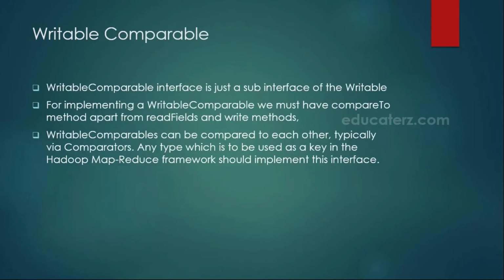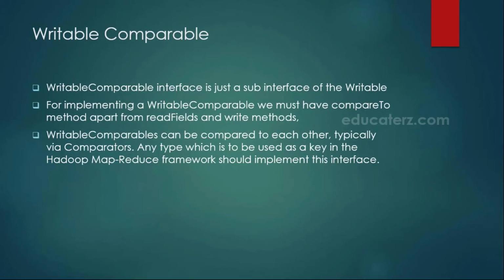In the case of the Writable interface, whenever you have a key and value, if you want to write your custom data type for the key, then we must use WritableComparable, because as part of the shuffle and sort, all our keys are compared with each other to perform the sorting.